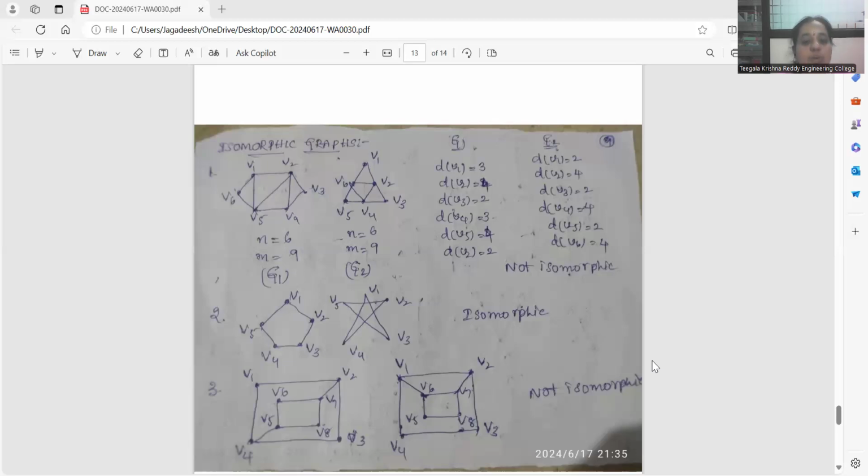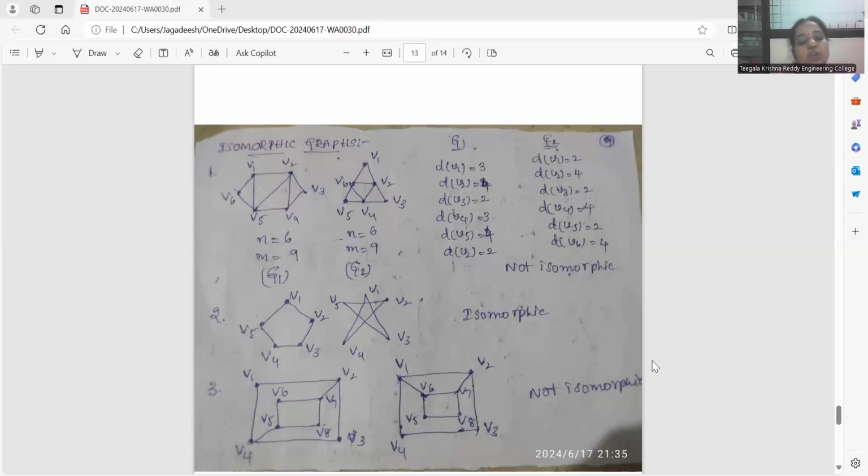Whether both are isomorphic or not, we have to check the properties of isomorphic graphs. The very first point is that in the G1 graph, we have 6 vertices. The G2 graph also has 6 vertices. In the G1 graph, we have 9 edges: 1, 2, 3, 4, 5, 6, 7, 8, 9. Same, in G2 also we have 9 edges.